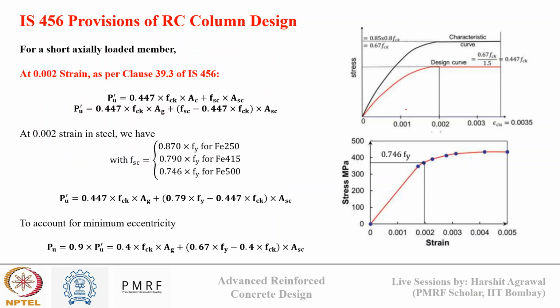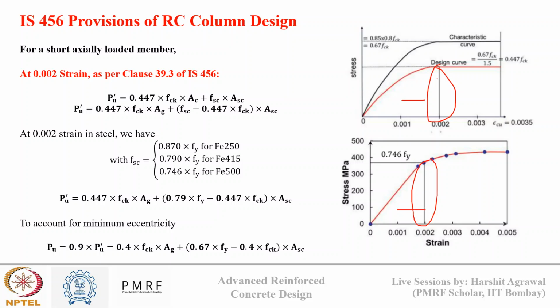Now for axially loaded column, we assume that the ultimate strain value is 0.002. Okay, and since the entire reinforced concrete is under axial compression, both steel and concrete will be subjected to the same amount of strain. Okay, so since column is a compression member, both are subjected to the same amount of strain, and the ultimate load carrying capacity of column is the sum of resistance provided by concrete and the resistance provided by steel.